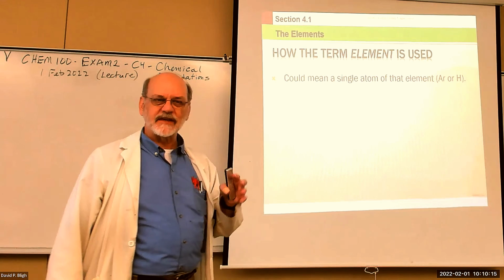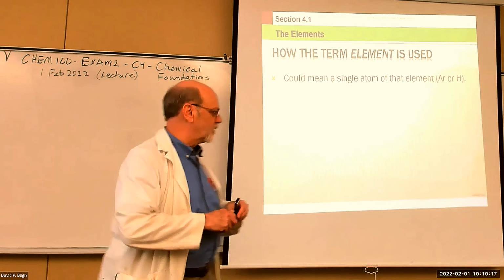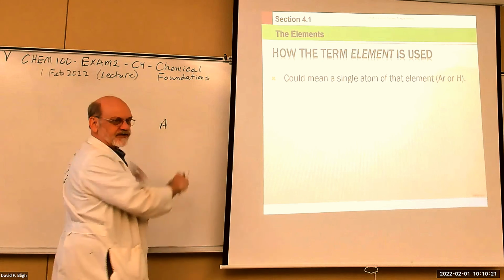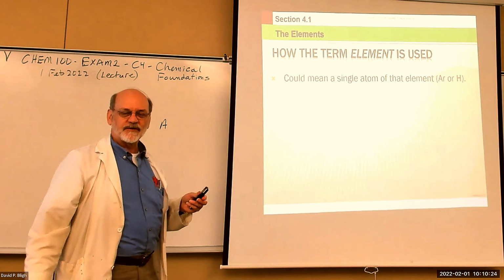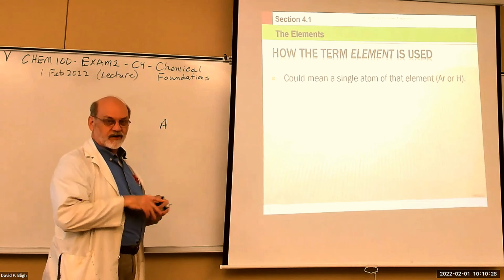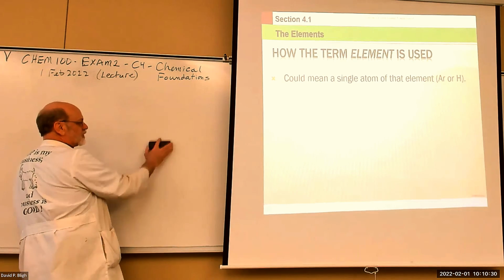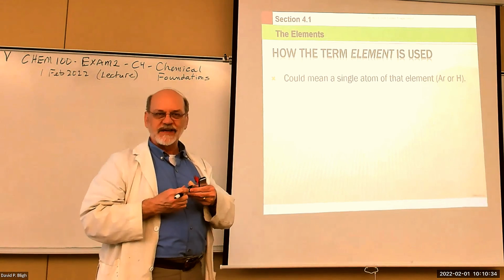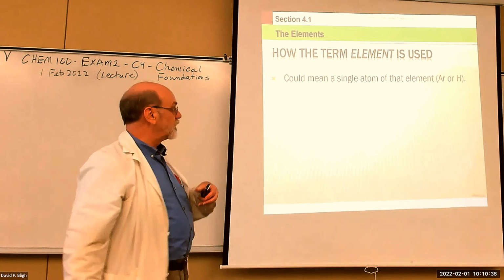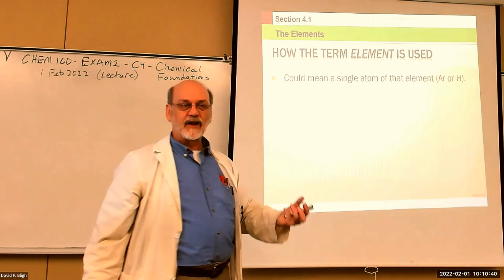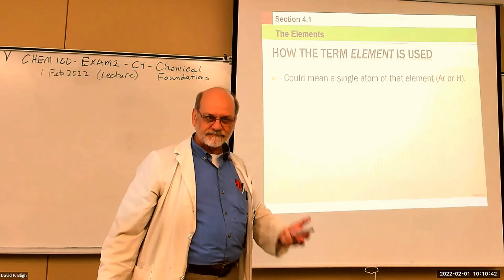So it'd be kind of messy to try to identify an element just like this in a sentence. You wouldn't know if it was the article or the element. And so there are practical reasons for not using some of the letters to represent elements. Instead, we go to AR for argon. Okay, we go to AL for aluminum, for instance.